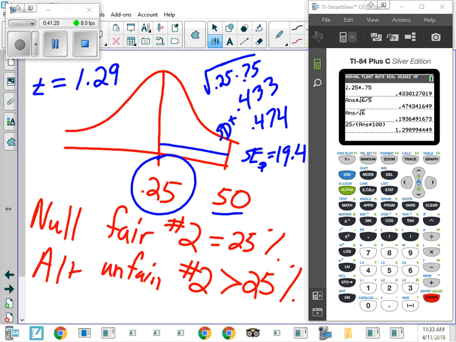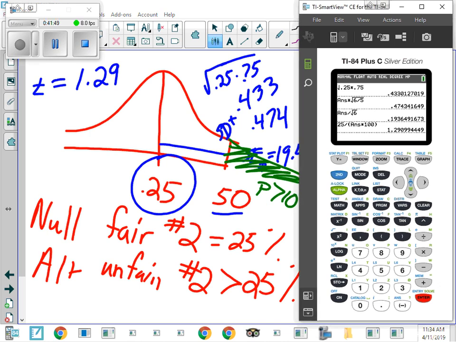Which row on the t-table do I look at? 5. So I go to 5, and then I look for 1.29. Where is 1.29 in row 5? It's bigger than 10%. So P is greater than 10%.